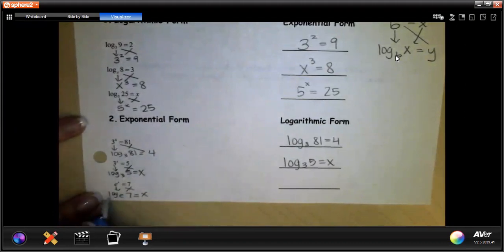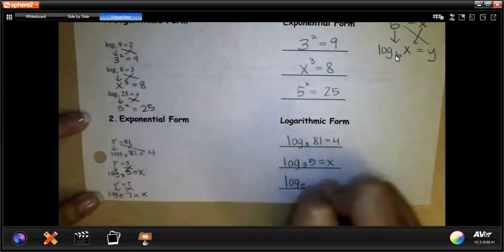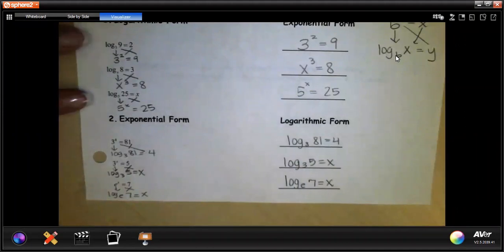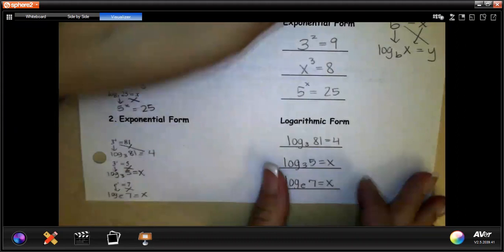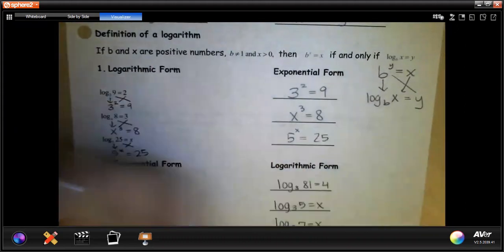And that right there is that natural log, which we'll get back to later. So we get a log base e of 7 is equal to x. Again, you have to be able to convert from a log to an exponential and from an exponential to a log. So make sure that you can use that definition that was given here, and we just wrote out this way.